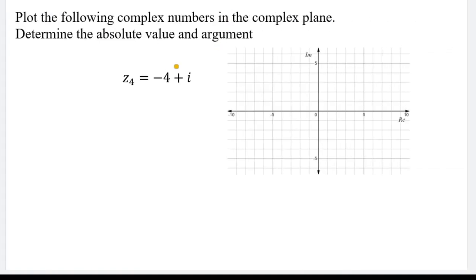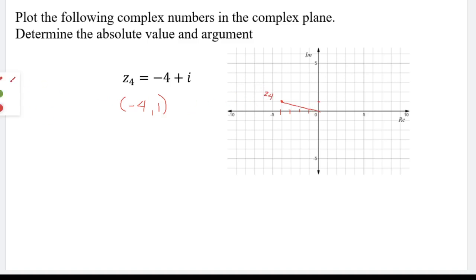So next example, we plot the following complex number again in the complex plane. This time we have negative 4 as x, and our imaginary part is positive 1. So we have 1, 2, 3, 4, and we have positive 1. So this line. So what's the value of our r in this given example?